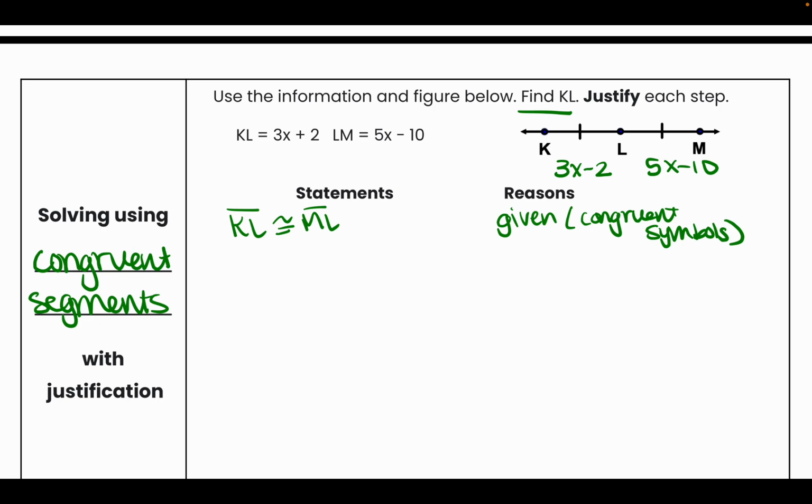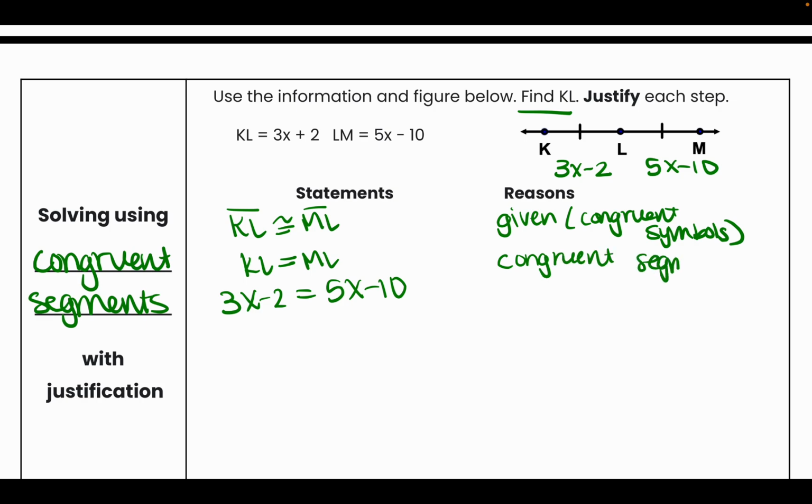Next, from the congruent segments, we know that KL is equal to ML. Those lengths are equal. So now we can plug in: 3x minus 2 is equal to 5x minus 10. So this is from congruent segments. And then we use substitution.